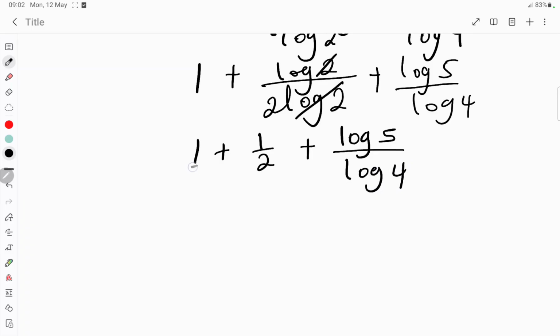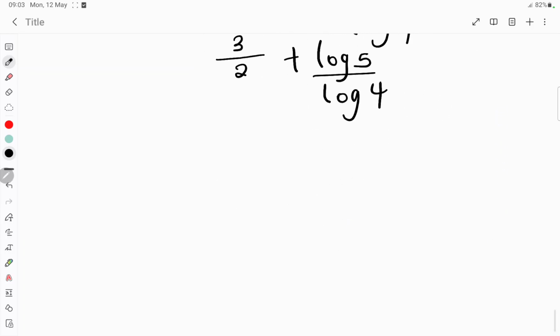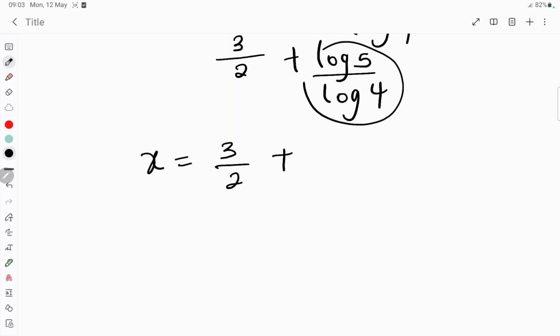Okay, so when you add 1 plus half, that will basically give you 3 over 2, then plus log of 5 over log 4. Okay, on this now, remember the change of base. Let's simplify this one again.